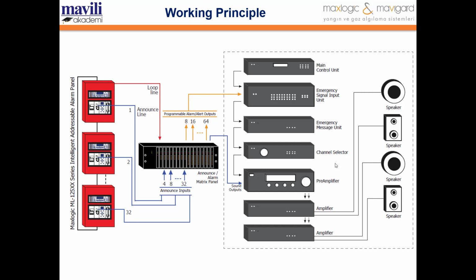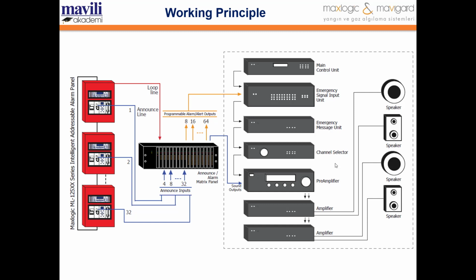This is how the announcement system works with our addressable fire alarm panels. As can be understood from the provisions of the regulation and the standards regarding emergency announcement systems, in case of fire in buildings where evacuation is difficult, it is necessary to ensure that people are evacuated or passed to safe sections within the building by broadcasting voice messages.